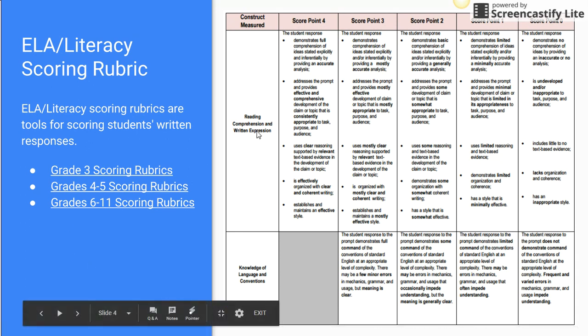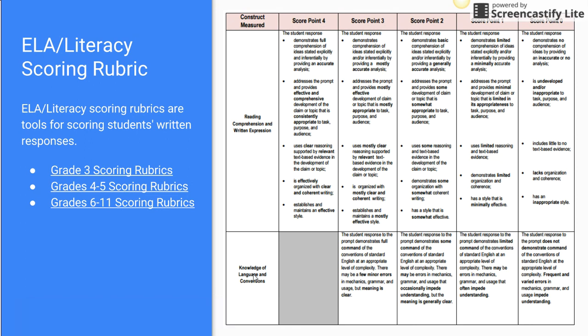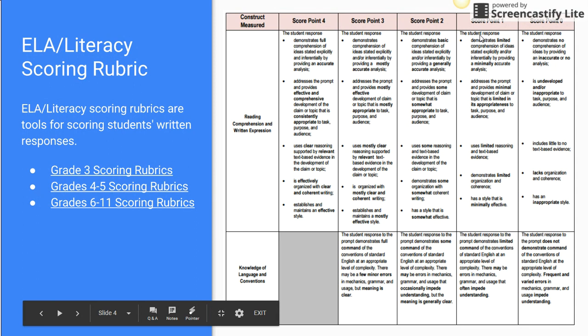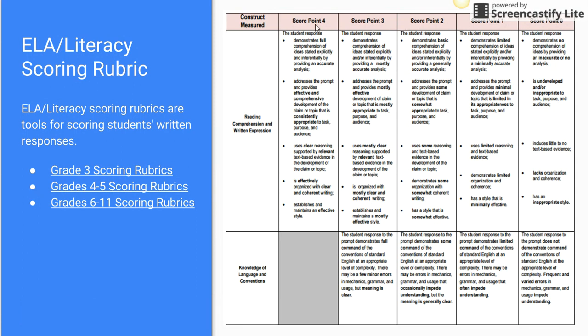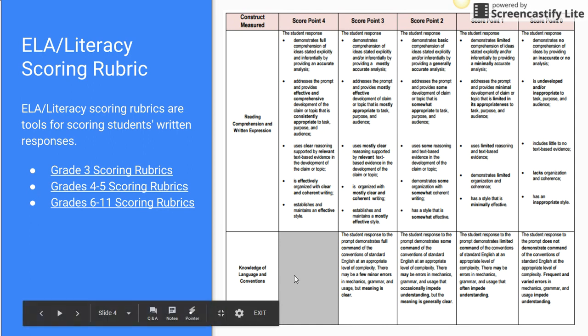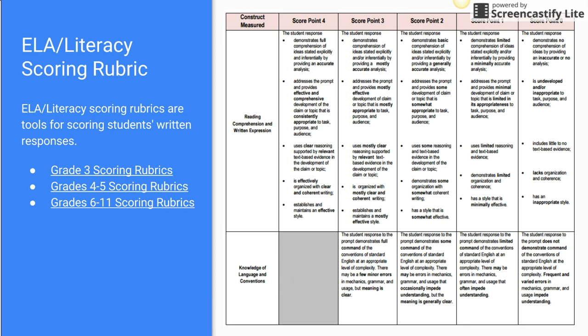The first is reading comprehension and written expression, and the second is knowledge of language and conventions. Along the top, we can see that students can earn a score of 0 through 4 in the reading and the writing section, and students can earn a 0 through 3 in the language usage section. Because students are producing writing on demand, a few mechanical, grammar, and usage errors are expected as long as the meaning is still clear.